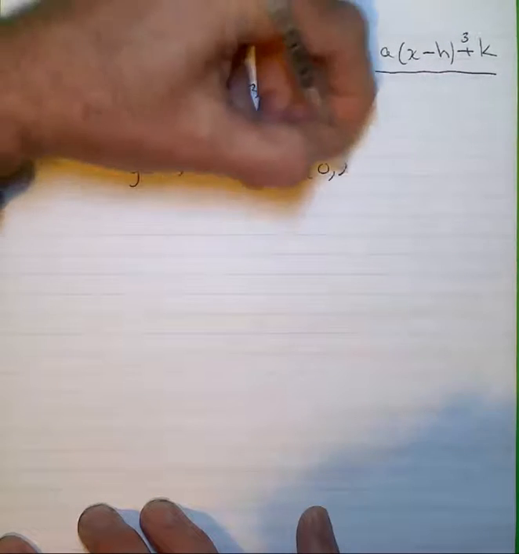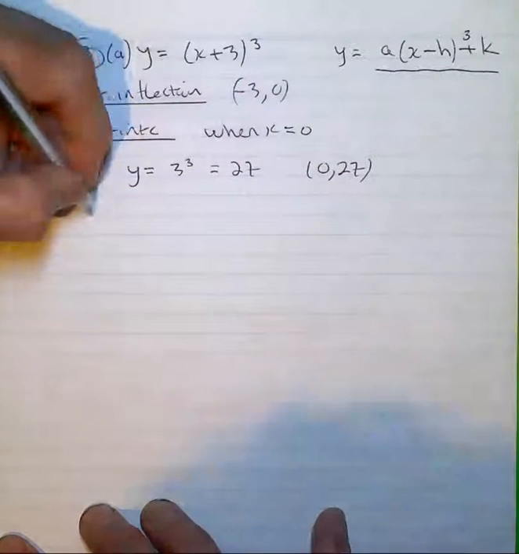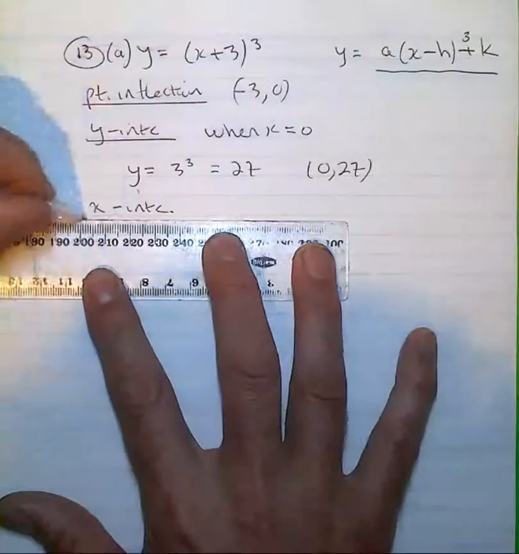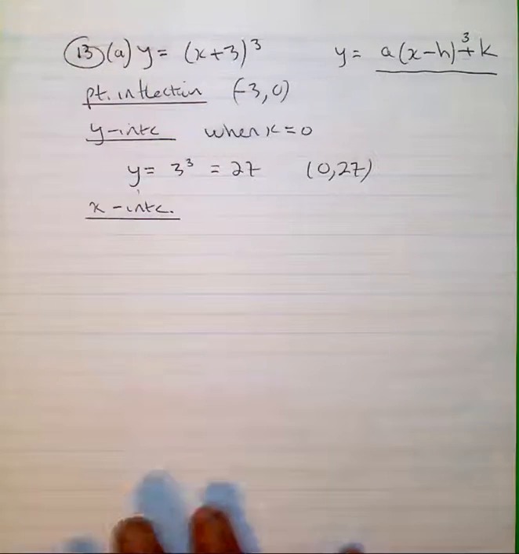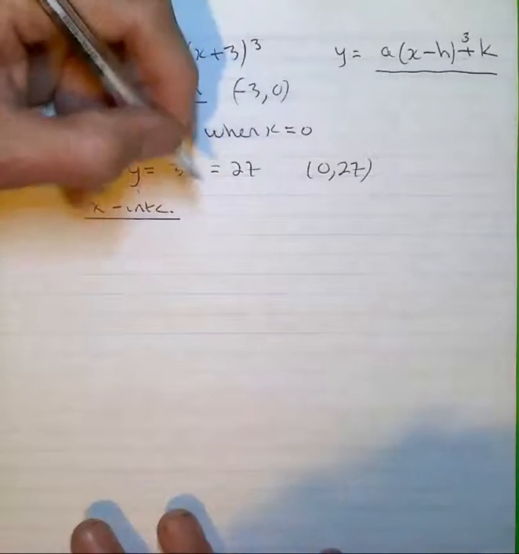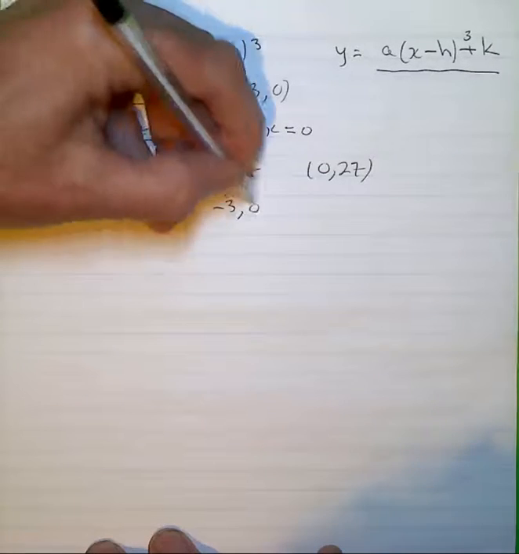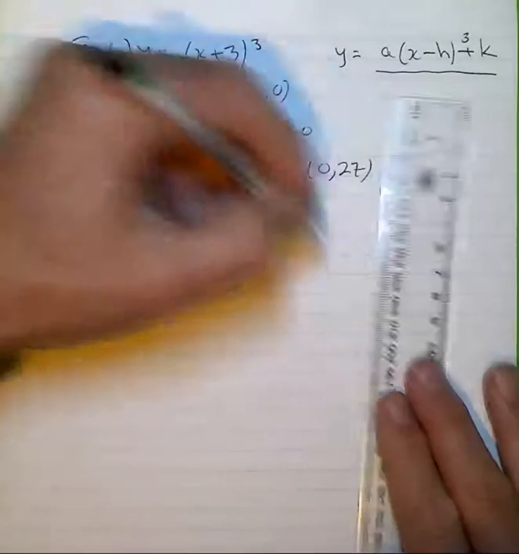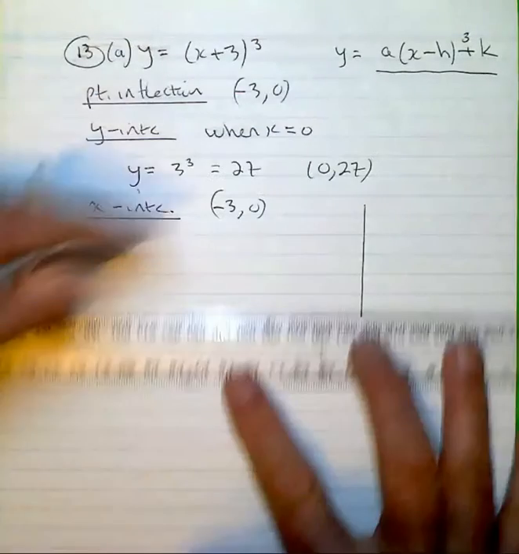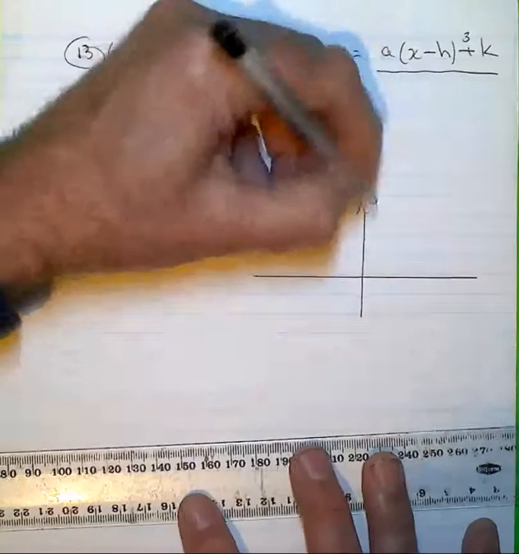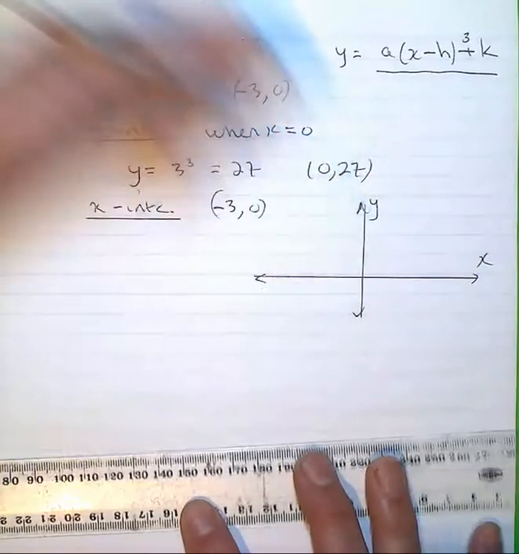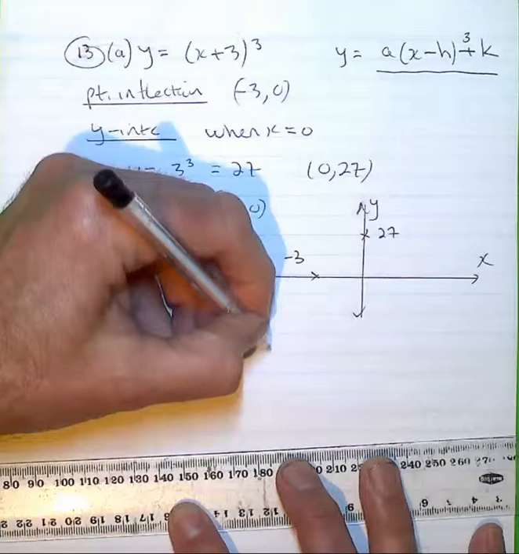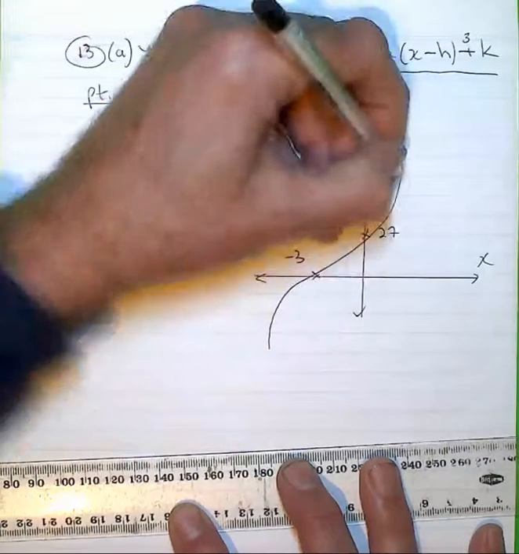In other words, 0, 27. The x-intercept, well, we've got a triple there, -3, 0. So all that remains is for me to sketch that up. Like so.